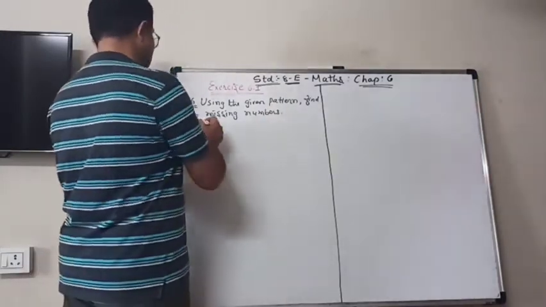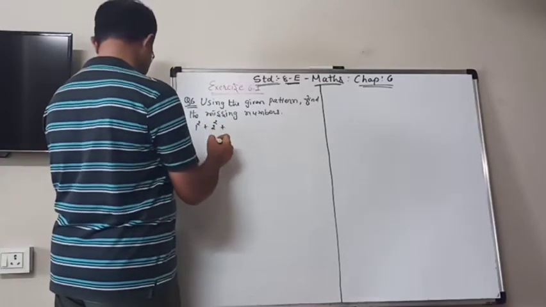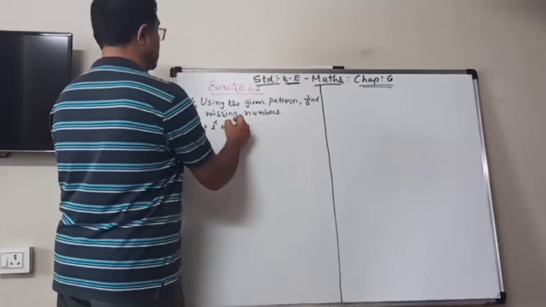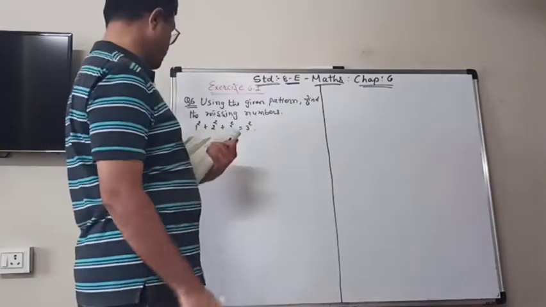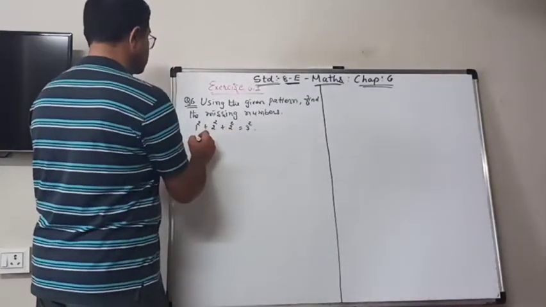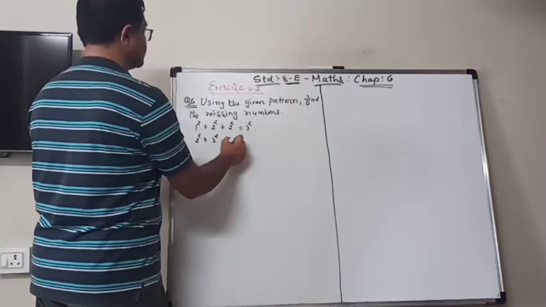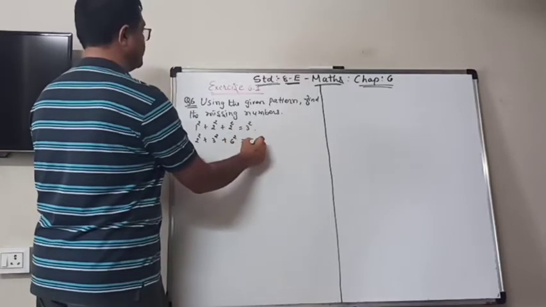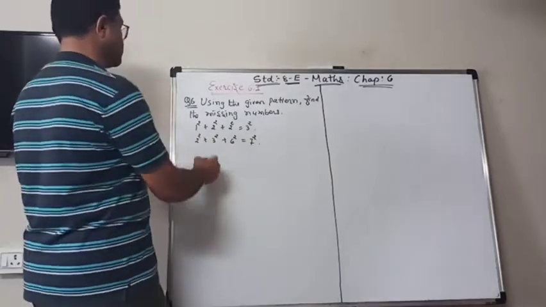So the pattern is 1 square plus 2 square plus 2 square is equal to 3 square. Then 2 square plus 3 square plus 6 square is equal to 7 square.